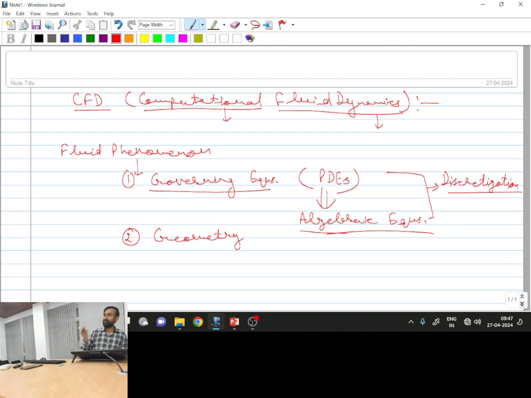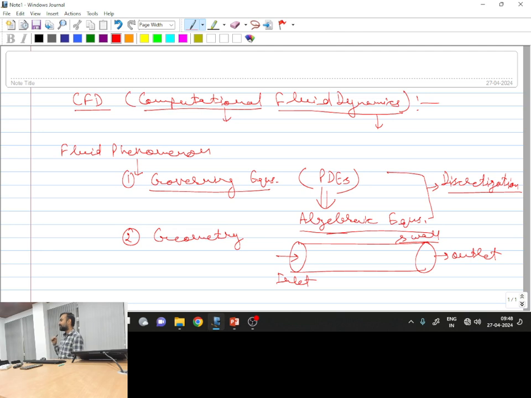Once you have defined your geometry, say you are talking about flow through a pipe, you have defined that you have some cylindrical pipe in which you want to study flow. You have to define that this is your inlet, this is your outlet, and this is some boundary which is not allowing your fluid to penetrate through it.